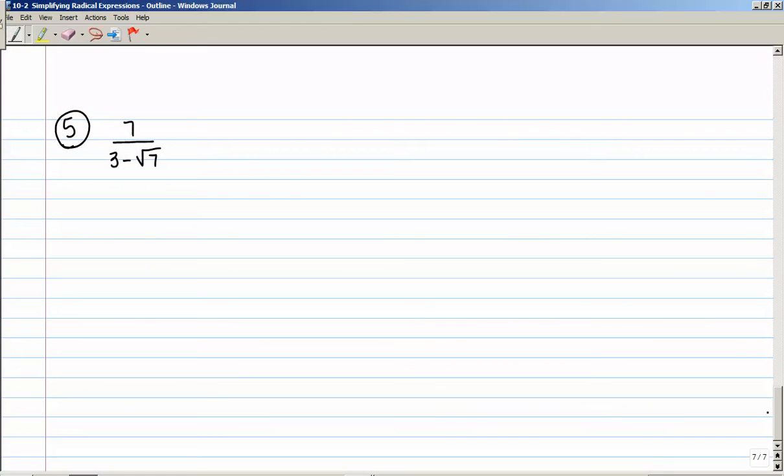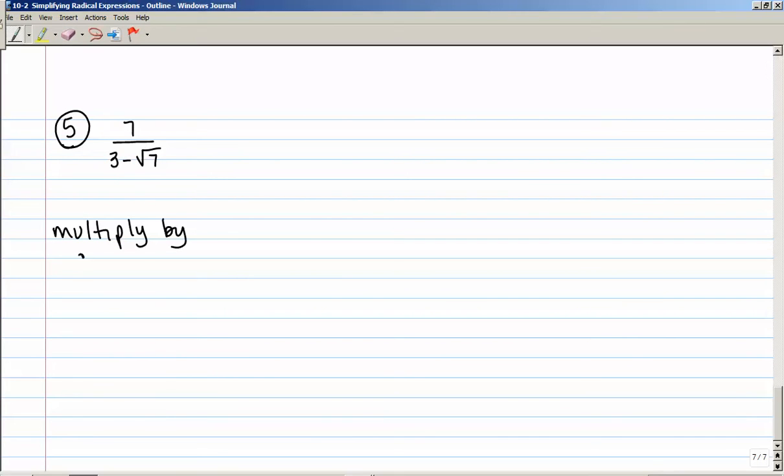And my last example here also has a square root in the denominator, but notice that this time it's a square root of 7 being subtracted from a 3. In other words, it's not just a plain old square root of 7 in the denominator. What I need to do here is to multiply by the conjugate.